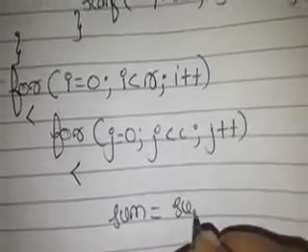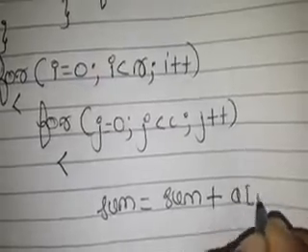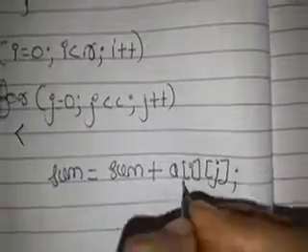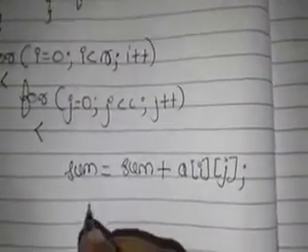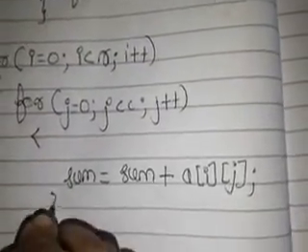So I will be taking the initial sum as 0, then sum equals sum plus a of ij. Already in a one dimensional array we have discussed this program, how to find the sum of the elements, but there we took linear elements; here I am taking the matrix element, that is the only difference.